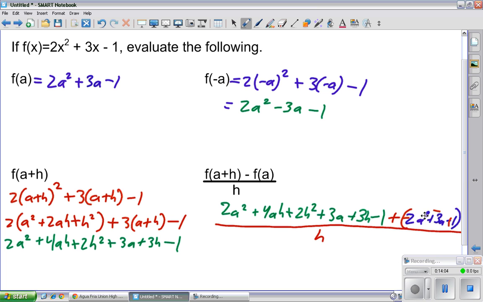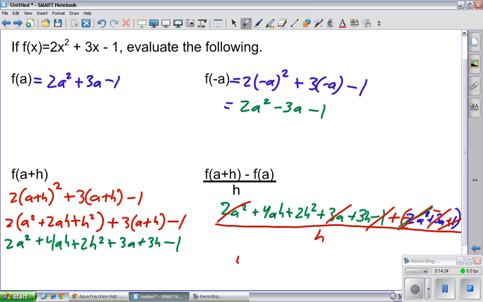2a squared minus 2a squared, so those are going to cancel out. Minus 3a and a positive 3a, those are going to cancel out. We have a plus 1 and a minus 1, so those will cancel out.